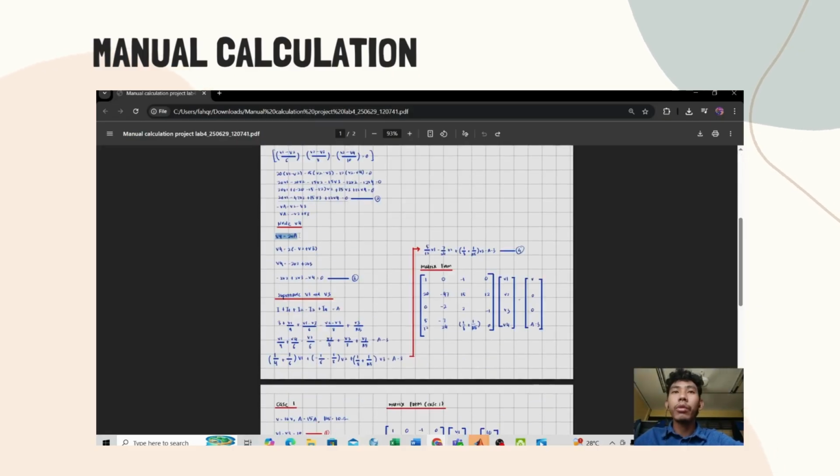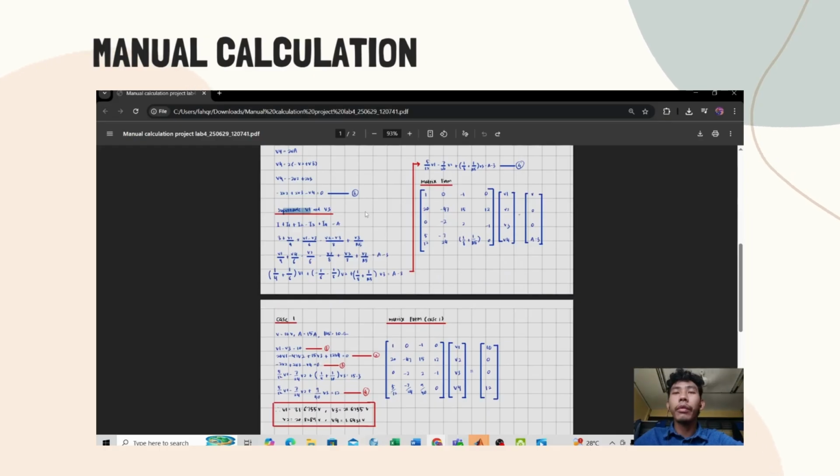So V4 equals 2VA, and from the previous equation, VA equals negative V2 plus V3, we can substitute VA into the node 4 equation. After substituting, we get V4 equals negative 2V2 plus 2V3, and we rearrange the equation into here. So this is going to be our third equation.